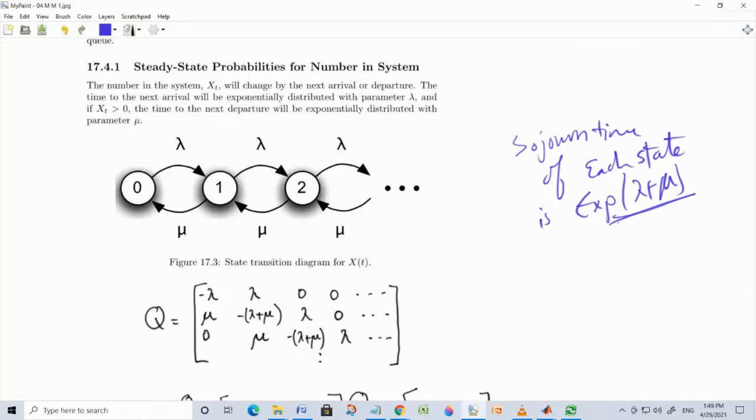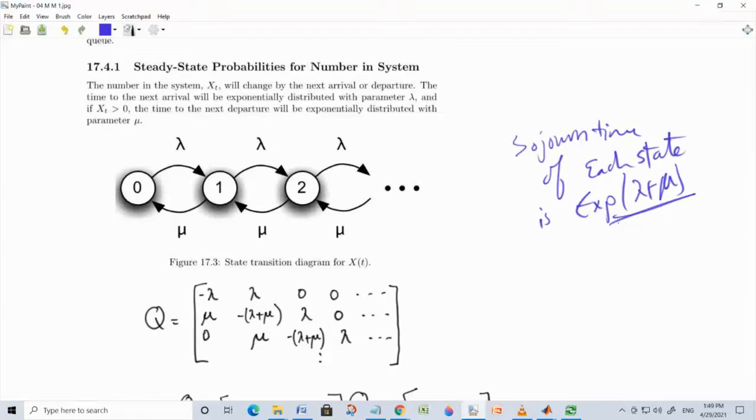Suppose that at some time instant the system is in state 2, so there are two customers. What are the possibilities for the future of the system? You can get a new arrival, and the time to get this new arrival is exponential lambda.